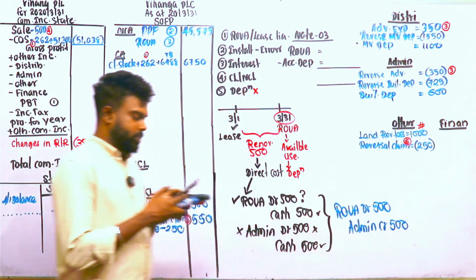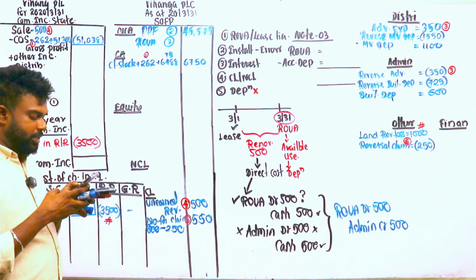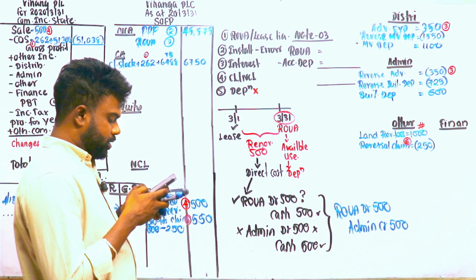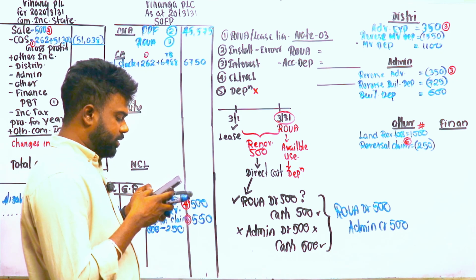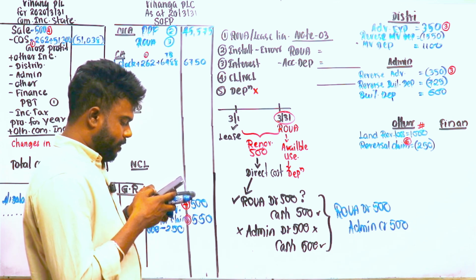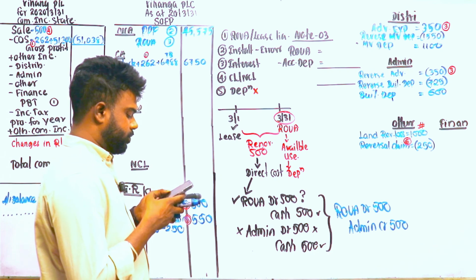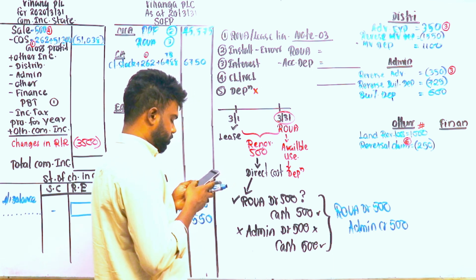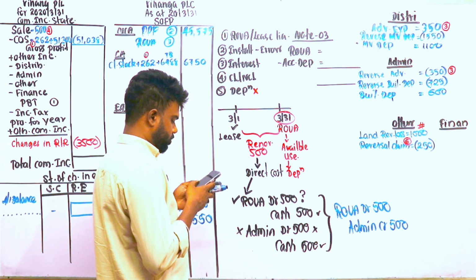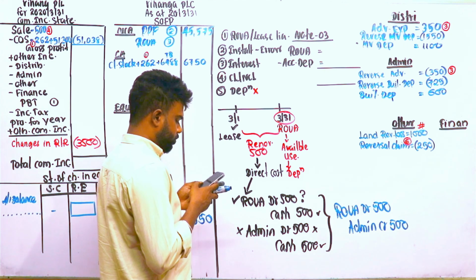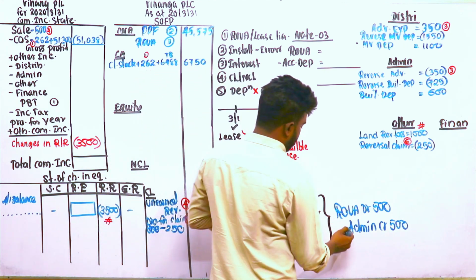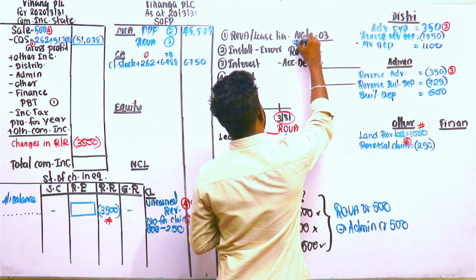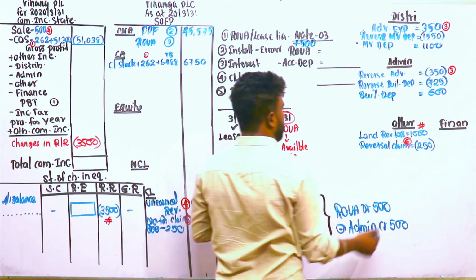There's an error correction first of all. In the trial balance, we say right of use asset 12,600, right? So you have to adjust this one. Right of use asset debit. Here 500, I'll record here like this: 500 plus, admin minus.